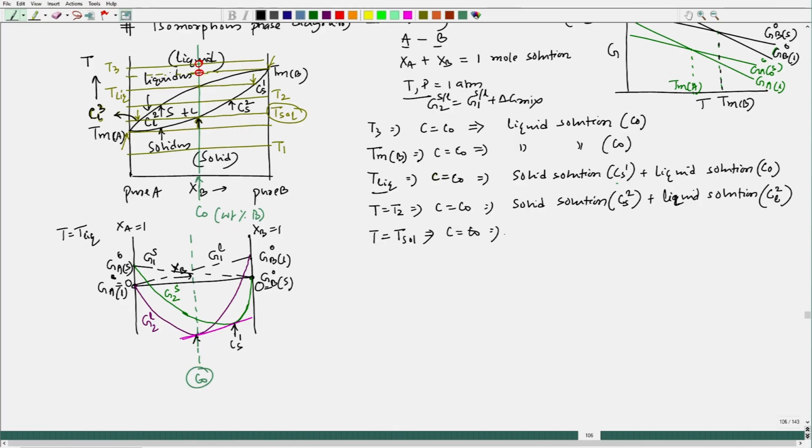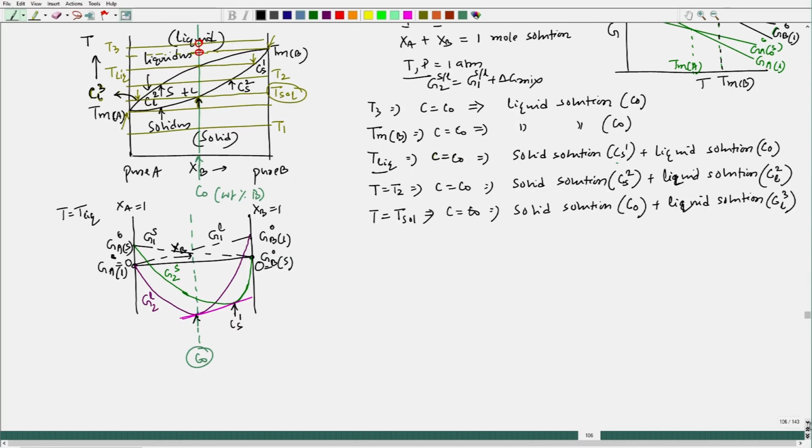And at this point we will see that the solid solution would have composition C naught, but liquid solution, which is the crossing point of the temperature line parallel to composition with liquidus line. Okay. Liquid solution would have composition CL3.